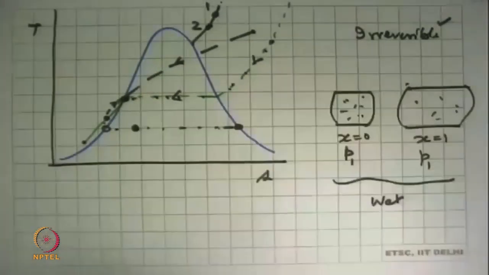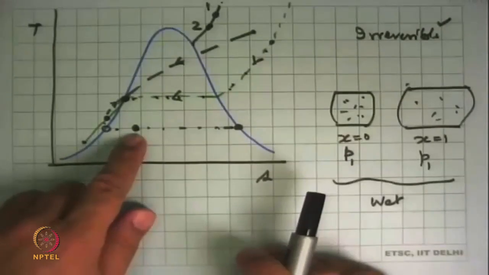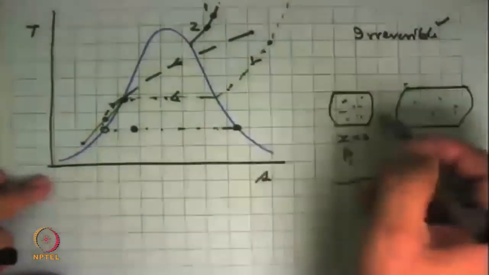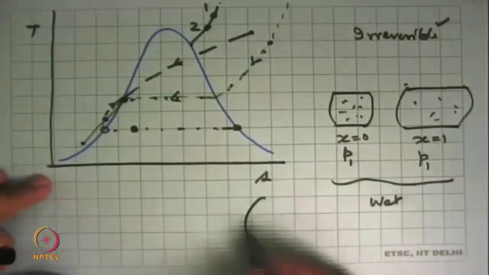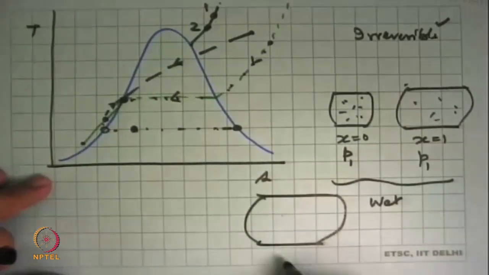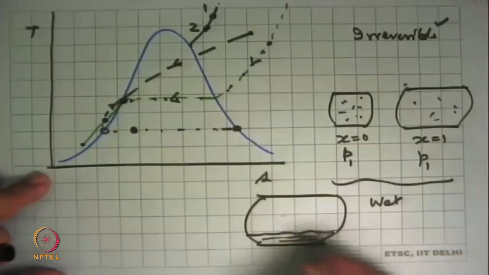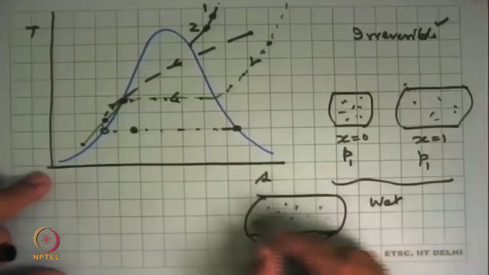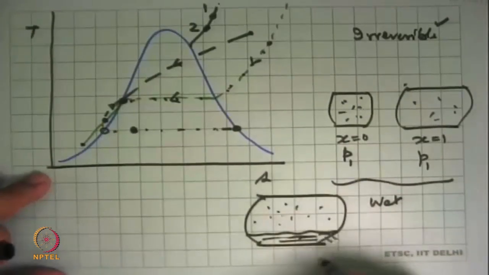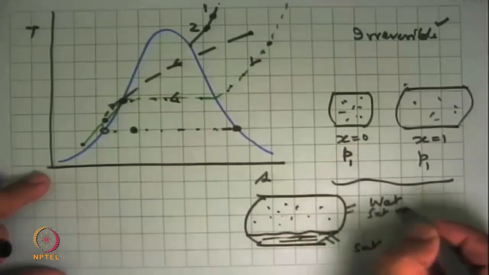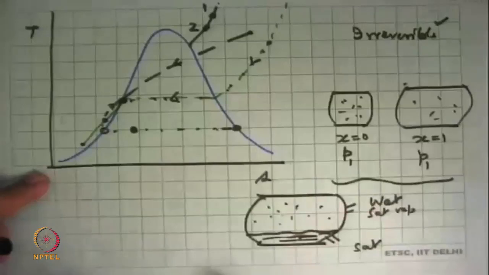So the question is, is this also reversible or irreversible? And one can argue that, look, if I took all this mixture and put it in another vessel and allowed it to just stand there, we know that by gravity, the liquid water will come down here, the vapor will stay up there, and if we can just take this out, we get saturated liquid. We take this out, we get our saturated vapor, and so we got back our initial states.